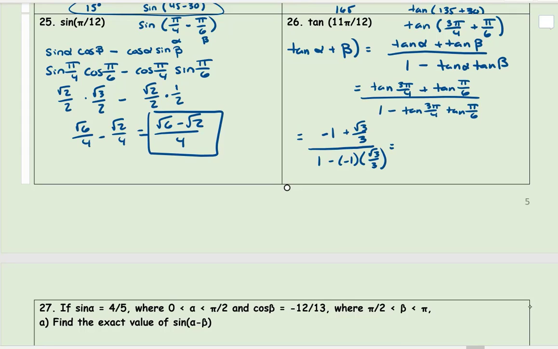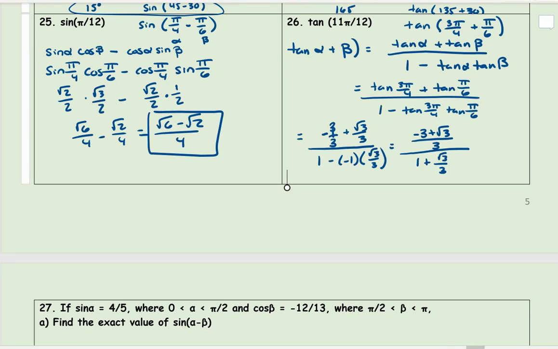Now this is going to be a little trickier than the other ones because we have to find some common denominators here. We can just turn this 1 into a 3 over 3. So now we have -3 plus root 3 over 3. And then we're going to be dividing that by 1 minus -1 times root 3 over 3. So we have really 1 plus root 3 over 3 here.